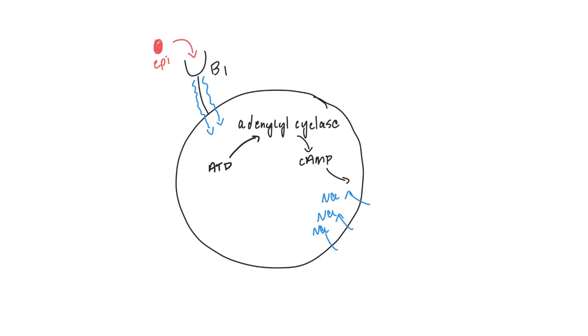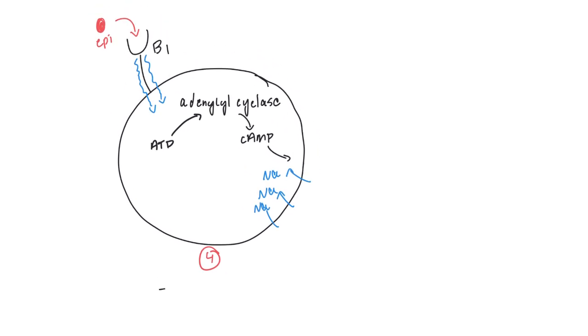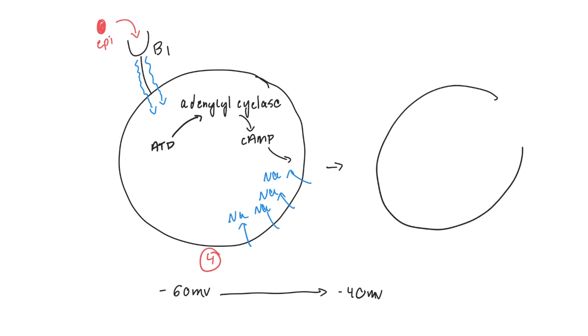So we are in phase 4 of the action potential here. The cell is started at minus 60 millivolts on the inside. With that sodium rushing in, and now it's rushing in really quickly because of the impact of cAMP, we are moving to minus 40 millivolts a lot more quickly than we otherwise would. And it's at minus 40 millivolts that the calcium channels open.